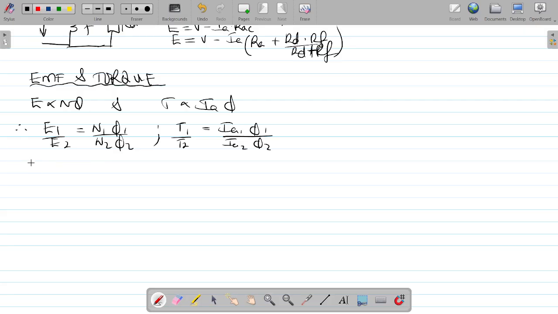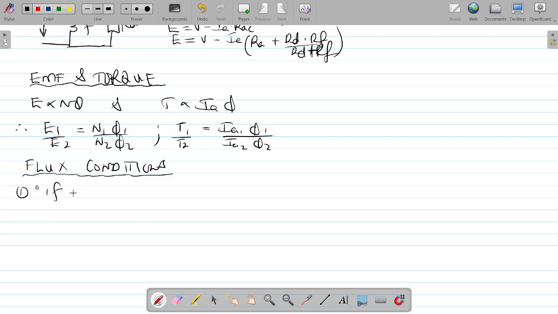Now these two formulas have conditions, and the first conditions we want to discuss are flux conditions. So the first condition says this.